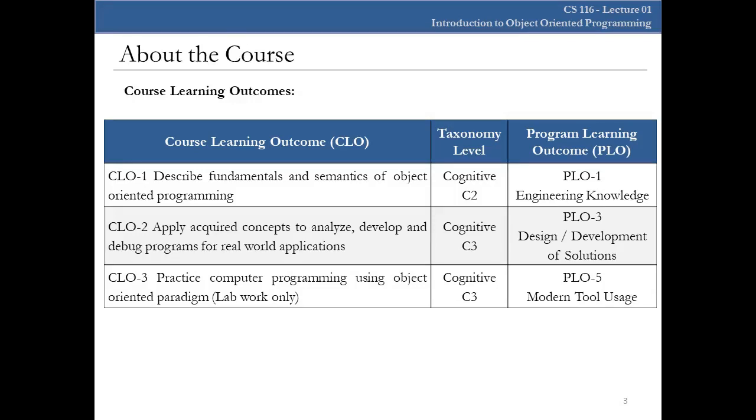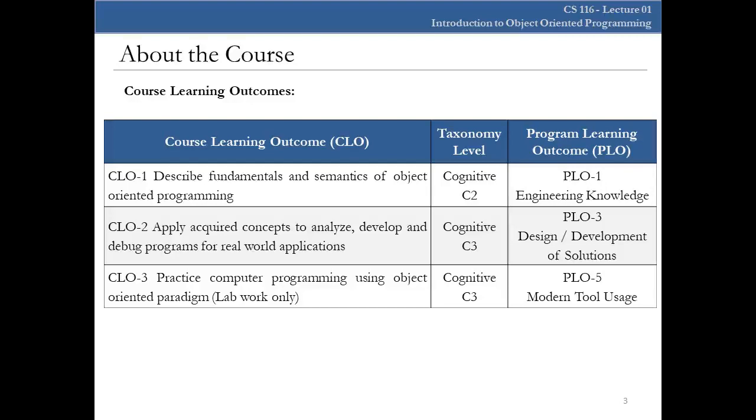Hopefully, all of you must be familiar with the concept of OBE system, outcome-based education system, and CLOs, course learning outcomes. You are supposed to clear a set of CLOs in each course, and these three are the CLOs which you are required to attain for object-oriented programming. Now, taxonomy level, it basically refers to the cognition level. The two cognition levels that we'll be using in this course are C2 and C3.